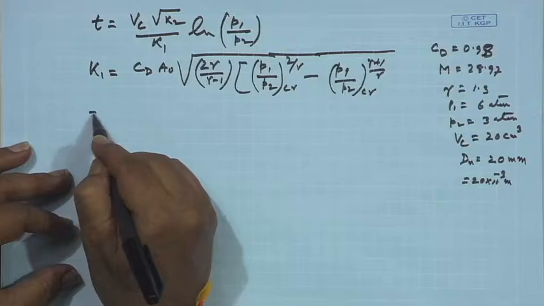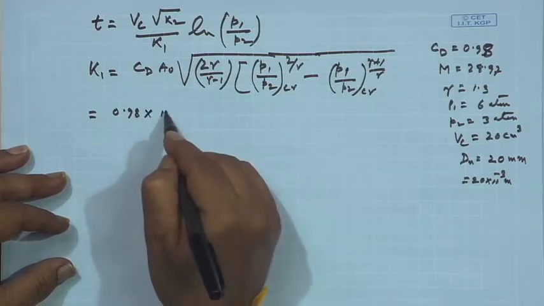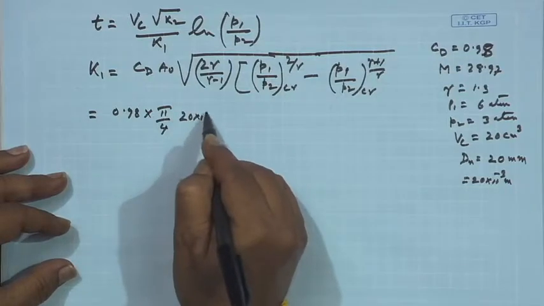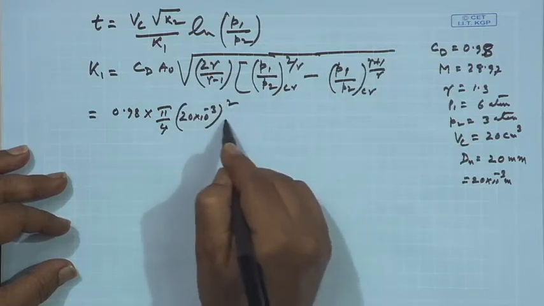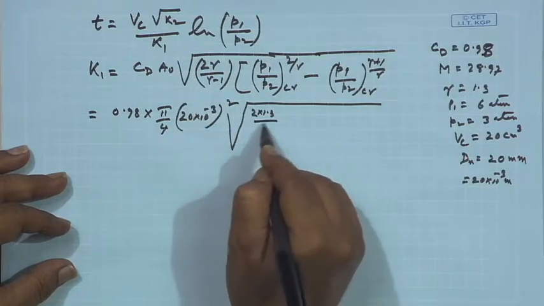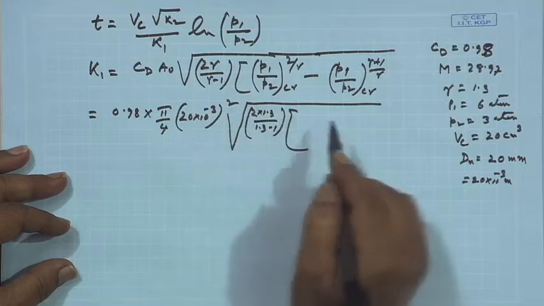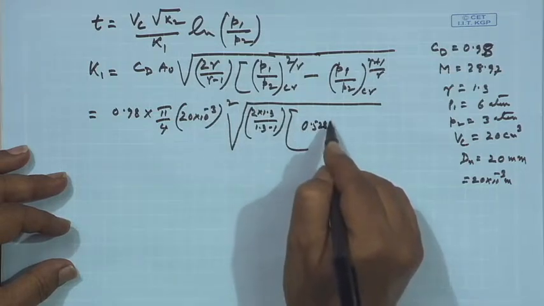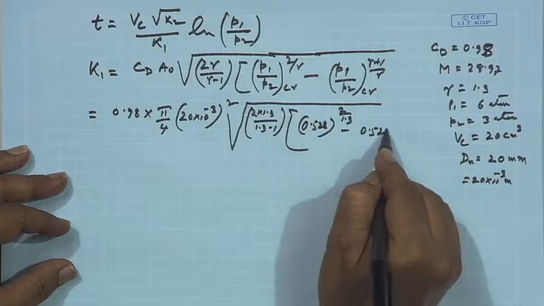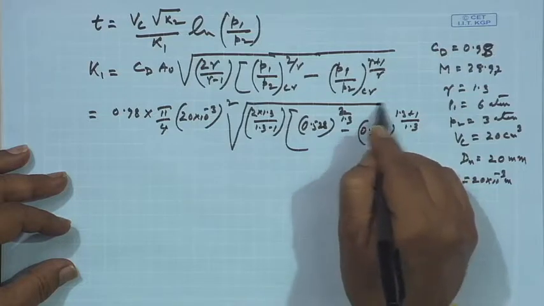So, if we substitute, then CD is 0.98, A0 is pi by 4 D nozzle square, that is 20 into 10 to the power minus 3 whole square, into under root 2 gamma, 2 into 1.3 by 1.3 minus 1, times, this ratio is under critical, so 0.528 to the power 2 by 1.3 minus 0.528 to the power 1.3 plus 1 divided by 1.3, right.